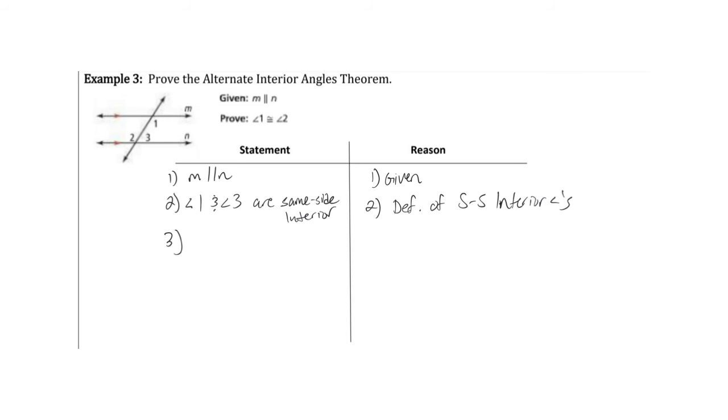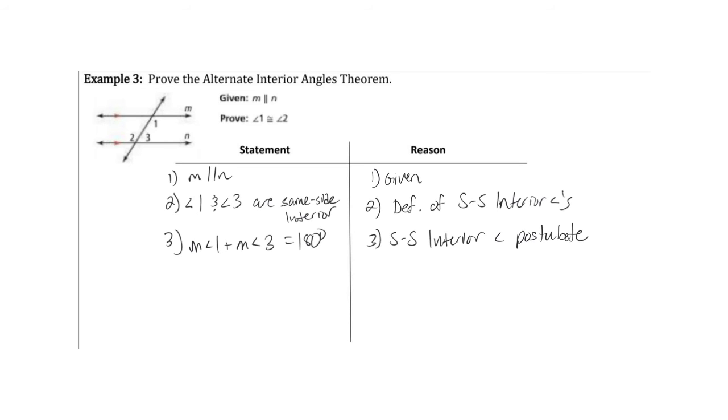Because they are same side, their measures are going to add up to 180 degrees. We know same side interior angles are supplementary, so we know this because of the same side interior angle postulate.